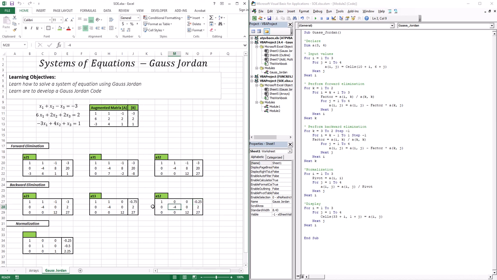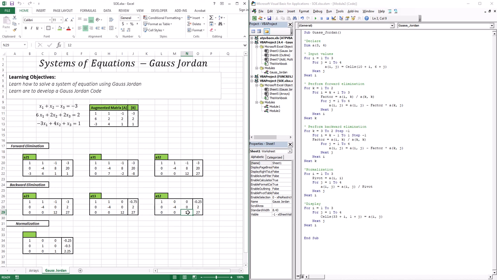For normalizing the second row, I'm going to take this A22 and divide 0 by A22, negative 4 by A22, 0 by A22, and 2 by A22. You can predict what we're going to do for the third row.